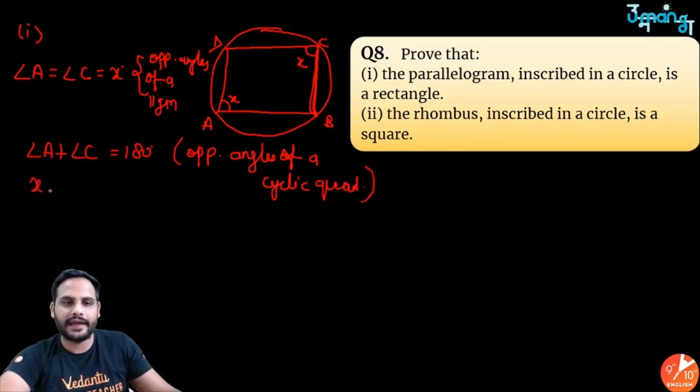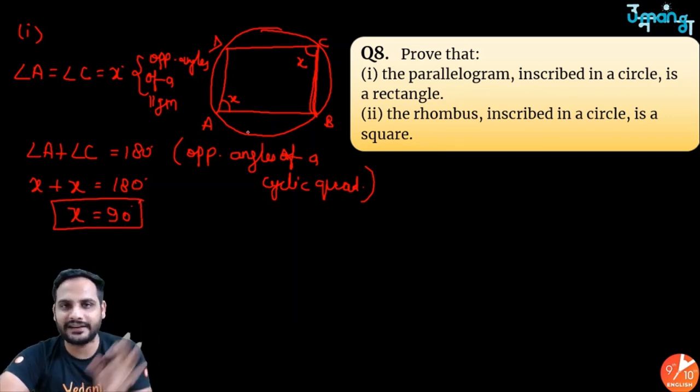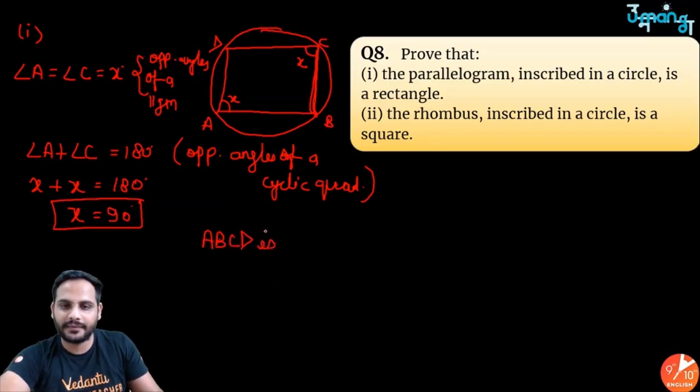Correct? So x plus x is equal to 180 degrees. So you'll get x is equal to 90 degrees. So if in a parallelogram any one angle is 90 degrees, I can say ABCD is a rectangle, because A and C have become 90-90.